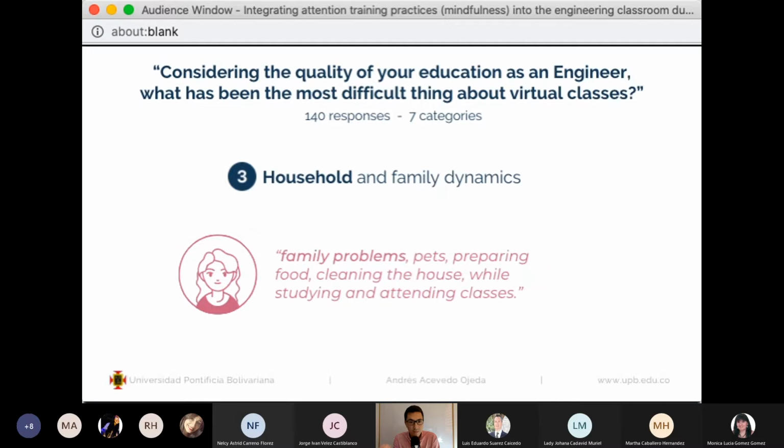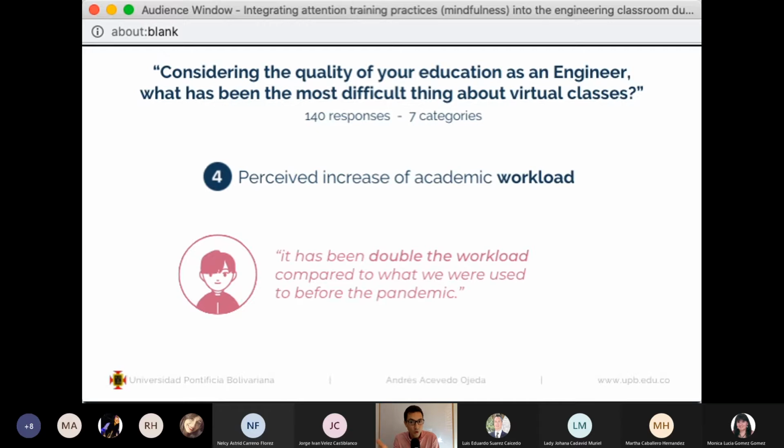Household and family dynamics. So responses like family problems, pets, preparing food, cleaning the house, while studying and attending classes. Perceived increase in academic workload. So responses like, it has been doubled the workload compared to what we were used to before the pandemic.